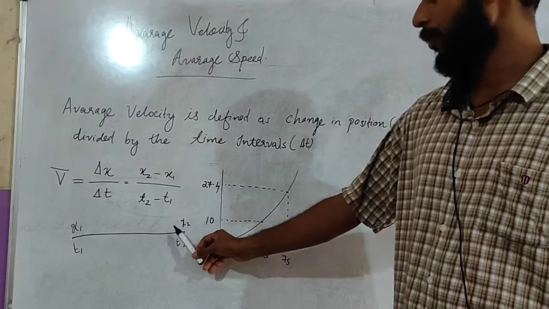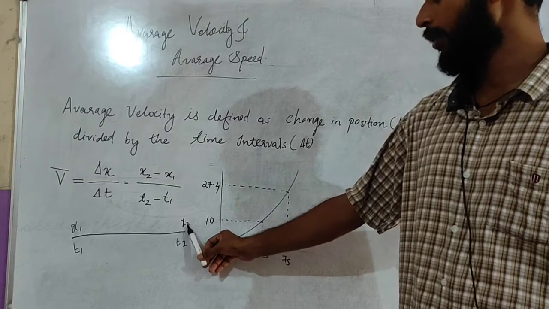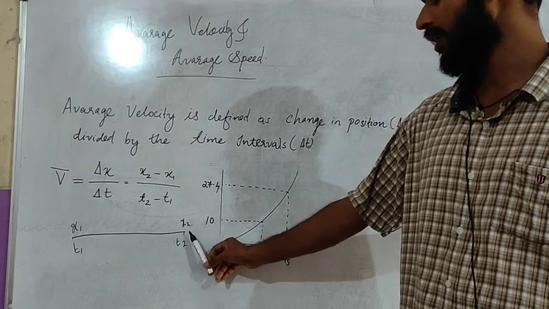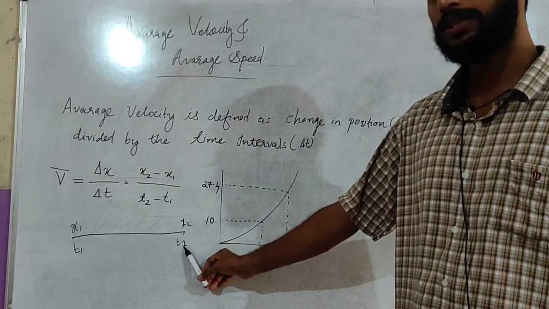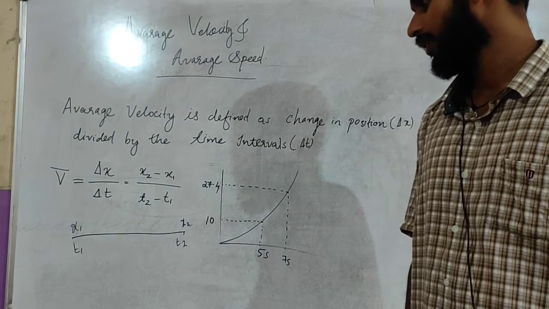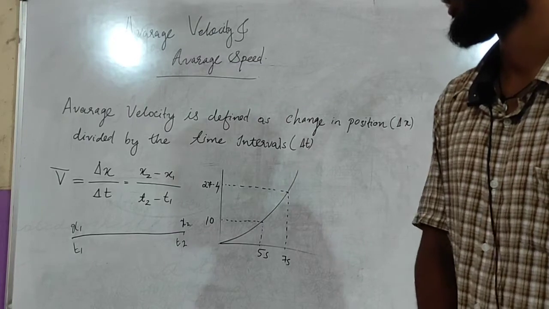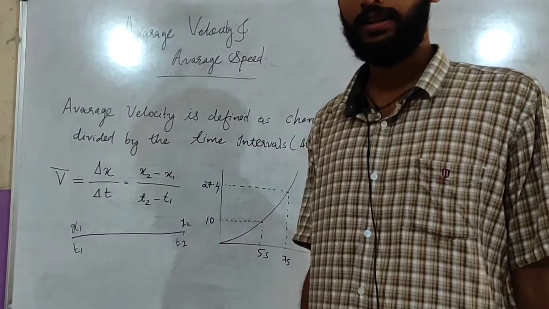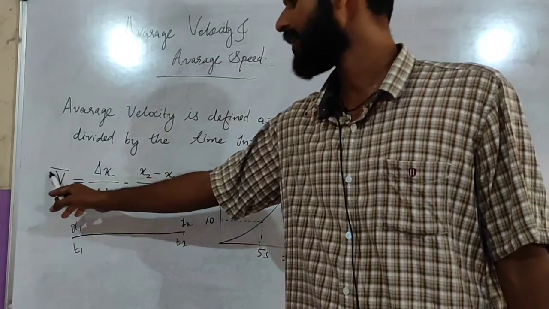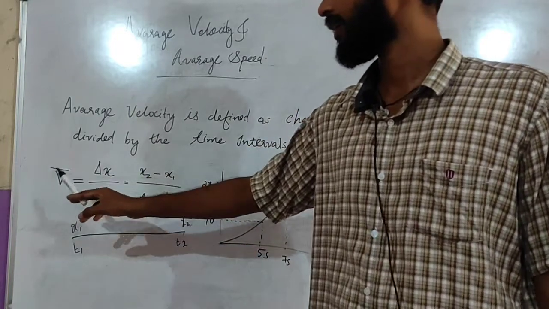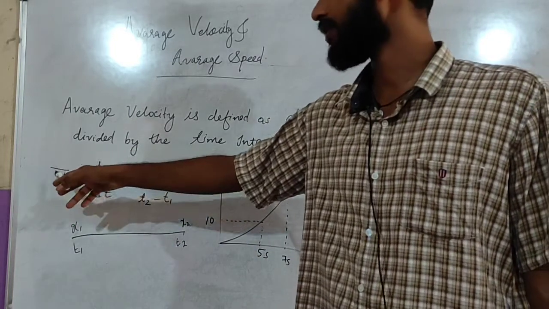Now the position of the body is at x2, that is the final position, and the time is t2. Then the average velocity v bar. The bar sign is for representing the average of velocity.